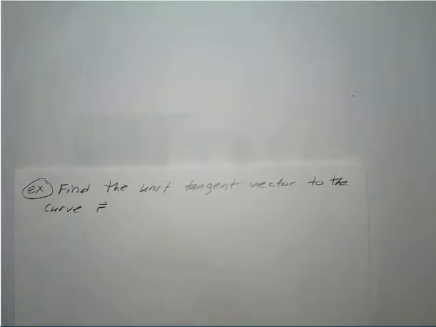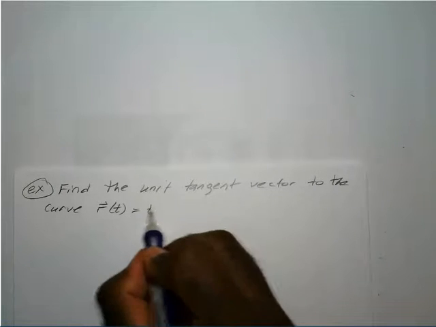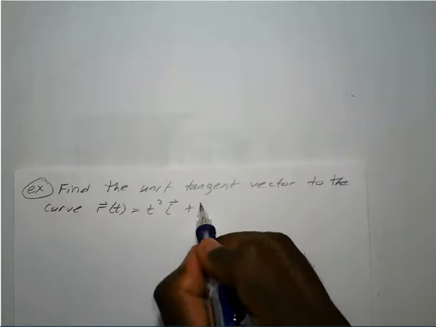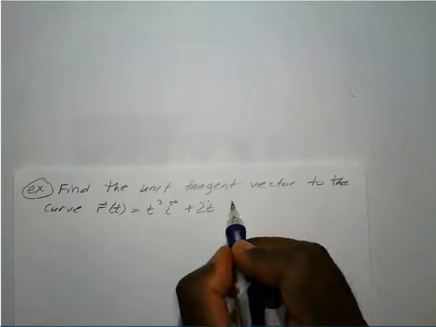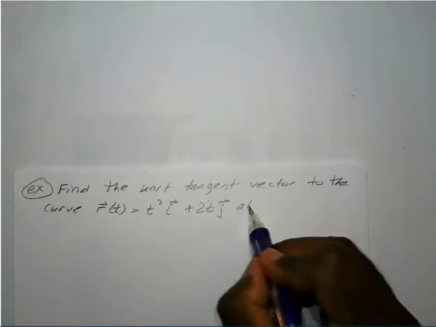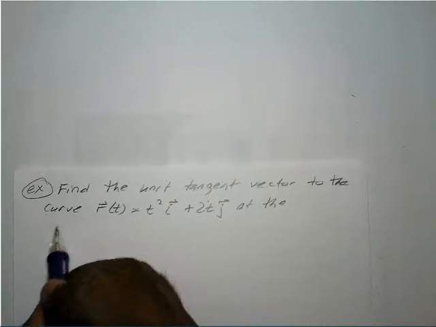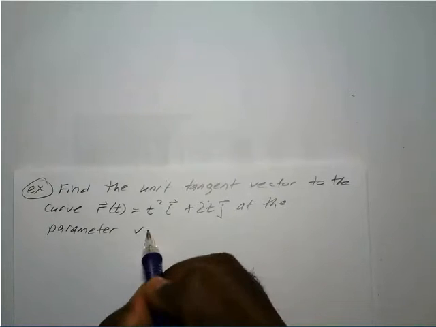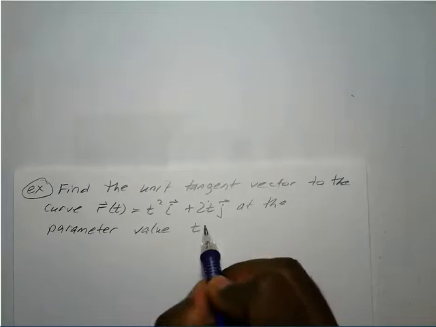Let's say r of t is equal to t squared times your i vector plus 2t times your j vector at the parameter value of t equals 1.